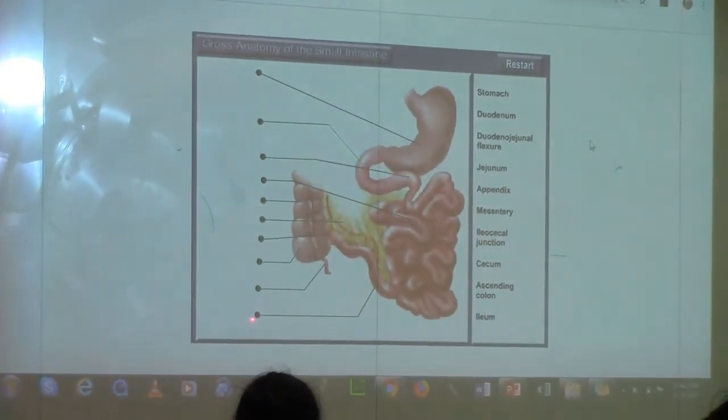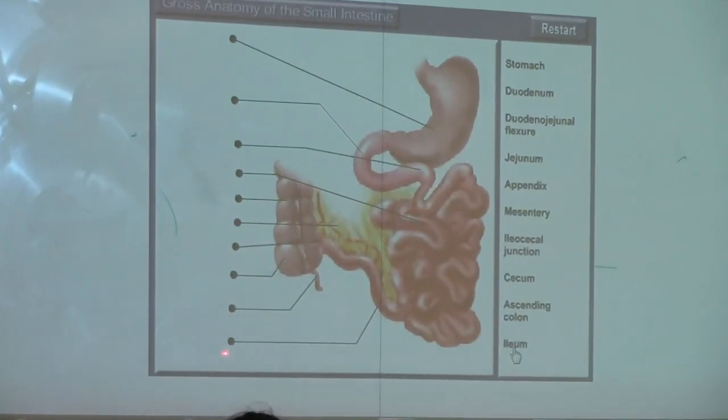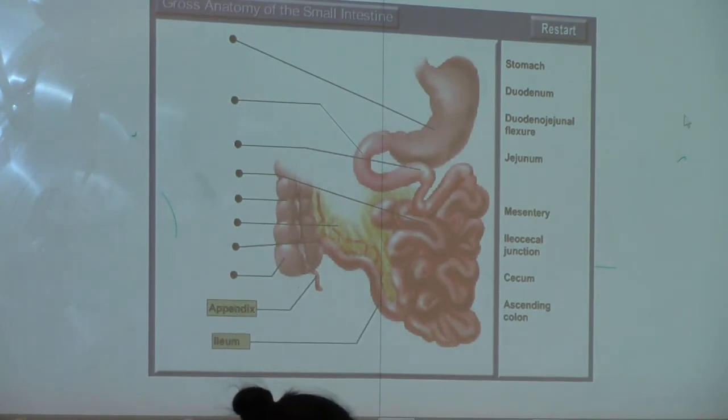That'd be the ileum. This one here. Okay, appendix. Some of this is pretty easy. Which one?